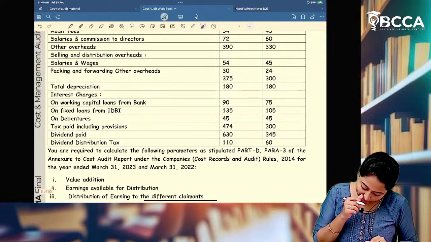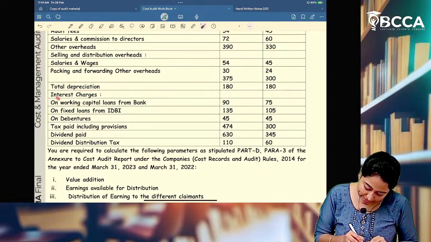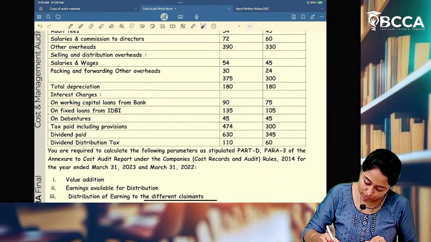Then what will we have? Depreciation will not be considered. Then interest charges on working capital loans from banks.